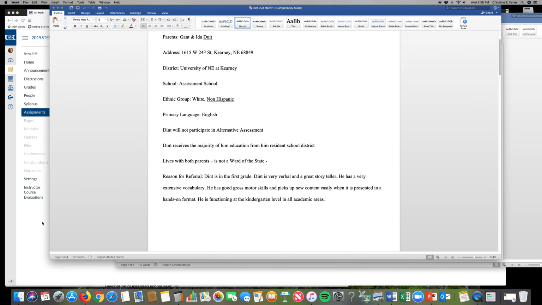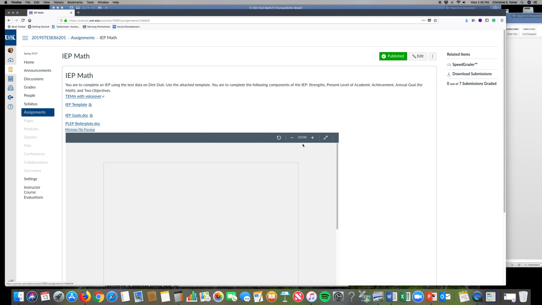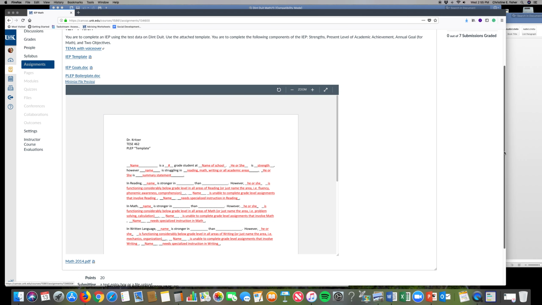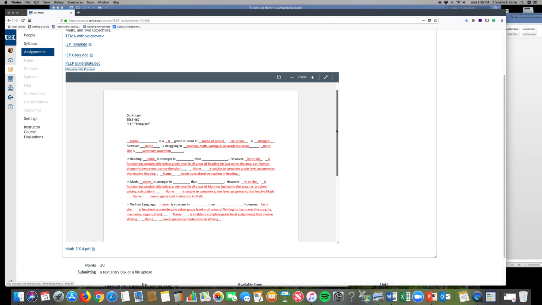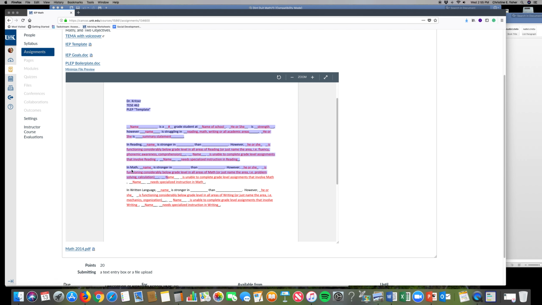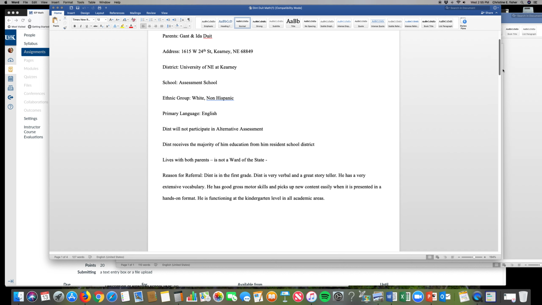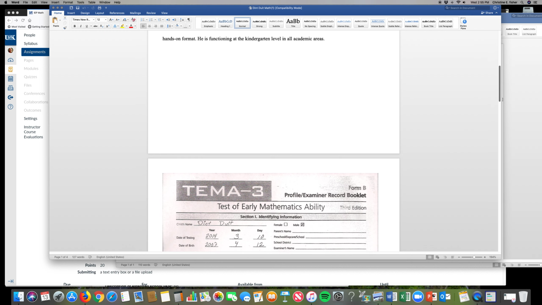Now, the Boilermaker template is just to help you and guide you when it comes to writing information about a student. So since we're just doing math, all you need to worry about is this area right here. You might include scores, like the TEMA scores that you've done.